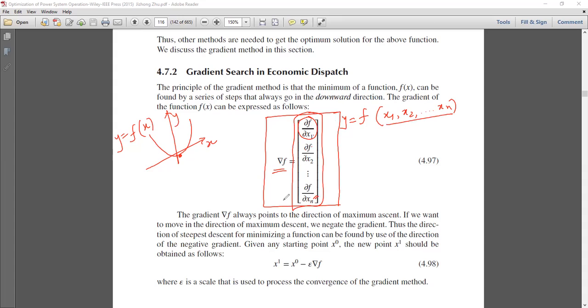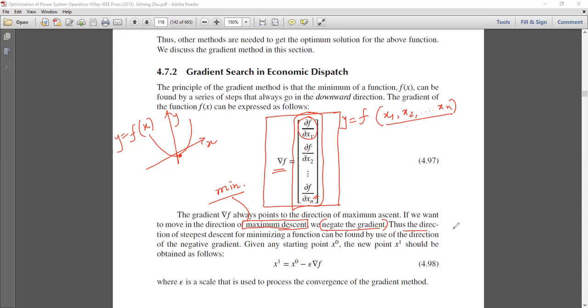Now, as I mentioned, the gradient del f always points in the direction of maximum ascent, that means climbing up. Remember, this condition is only for finding the minimum of the function. If I want to find the minimum, we have to go along the maximum descent, and that's why we have to negate the gradient.